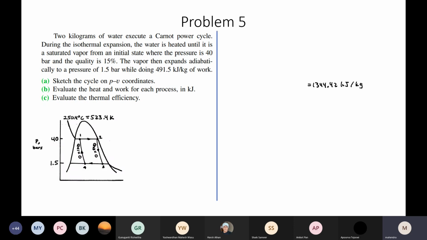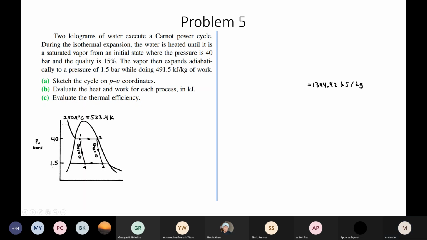So this is your cycle. This is water actually. Your working substance is water, that means steam. It is operating between two pressures, 40 bar and 1.5 bar.